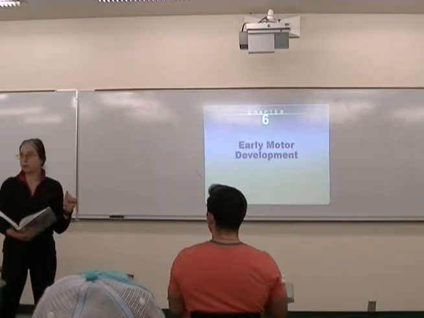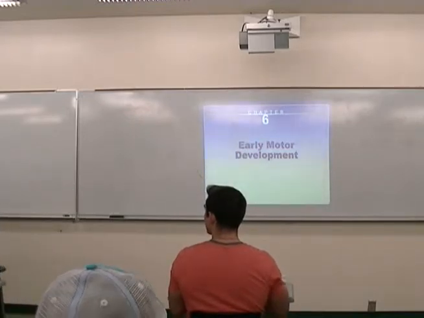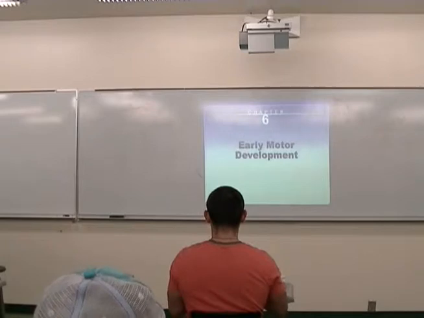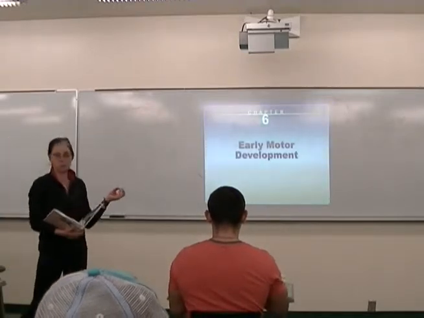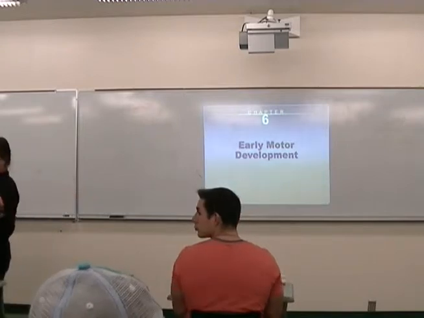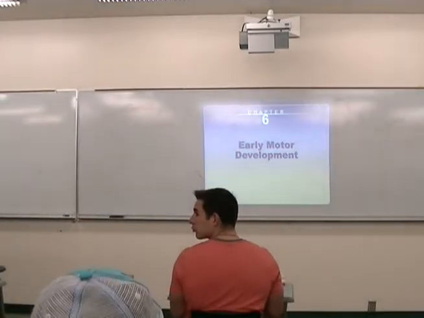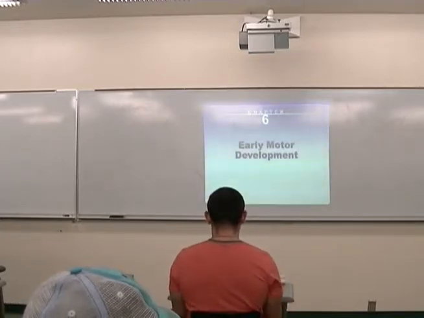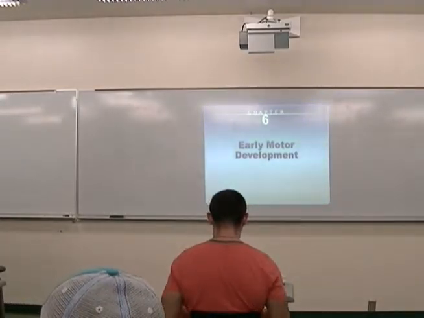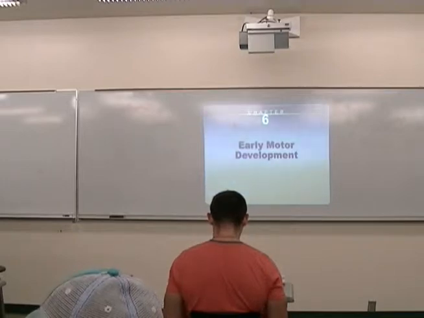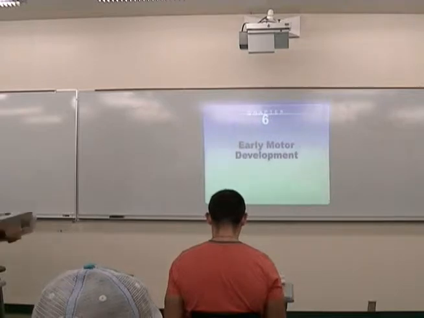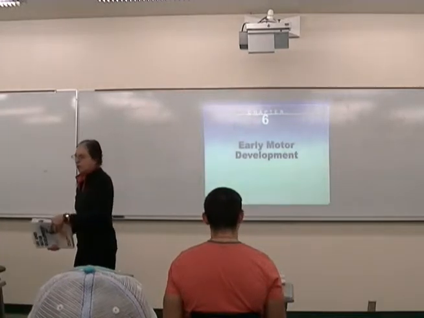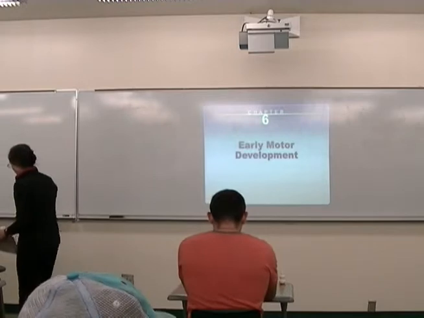I'll check those when I go through them and put them on the spreadsheet. So if you're not sure whether or not they have a motor milestone, don't worry, because I'll check them all. No, that's not an example. It's a description of what it is, but it's not an example. Charlie will collect those, and I will check that second question when I put them on the spreadsheet.